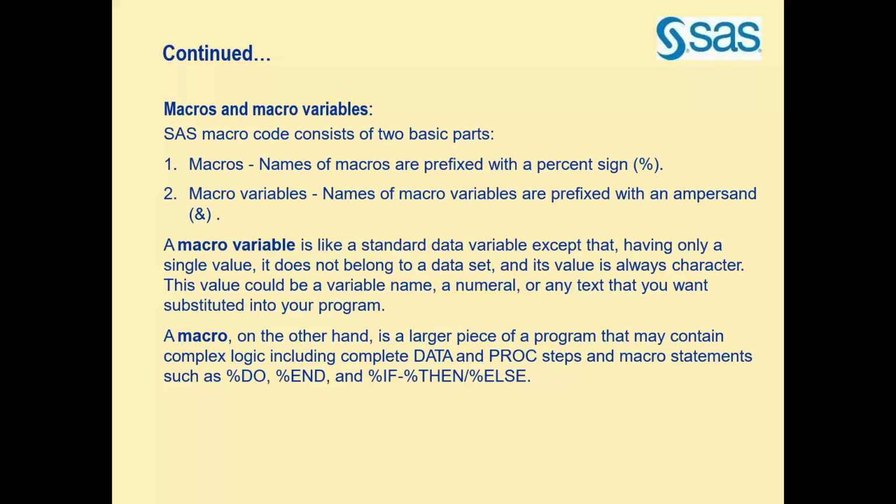The value stored in a macro variable is always a character value, and this value could be a variable name, a number, or any text that you want to substitute in your program. So why do we use a macro variable? We want to use a macro variable in a program so that it can pick up the value from some other program, right, and replace the value in your current program.